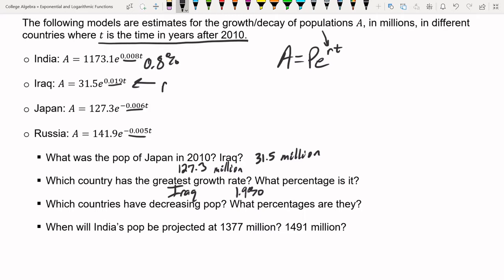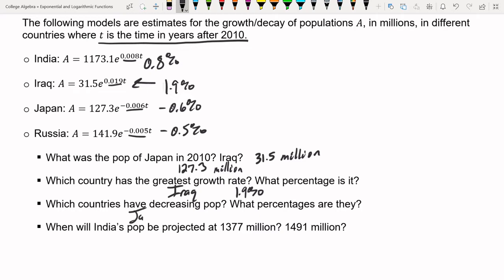For Japan, I'll do negative 0.6%, and Russia, negative 0.5%. So that's all the growth rates there. Now, the next question says, which countries have decreasing population? That's going to be a negative growth rate.